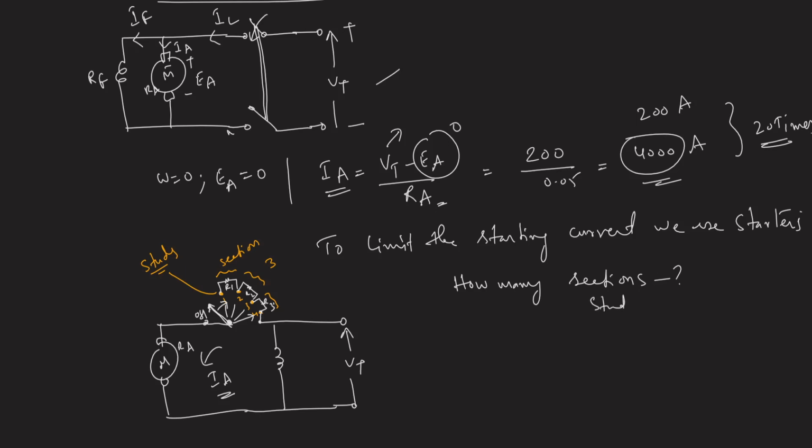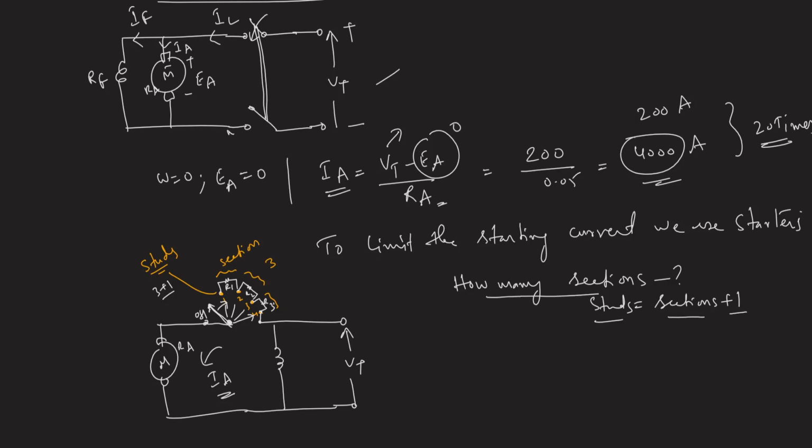Studs is equal to sections plus 1, always. So if the number of sections is 3, then studs will be 3 plus 1. If the number of sections is 4, then studs will be 4 plus 1. So studs are always sections plus 1.